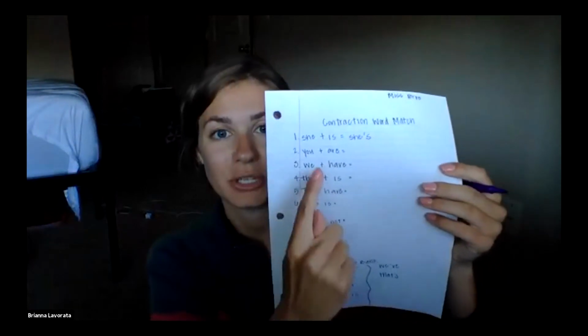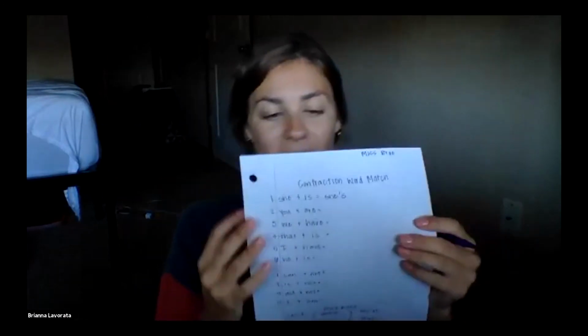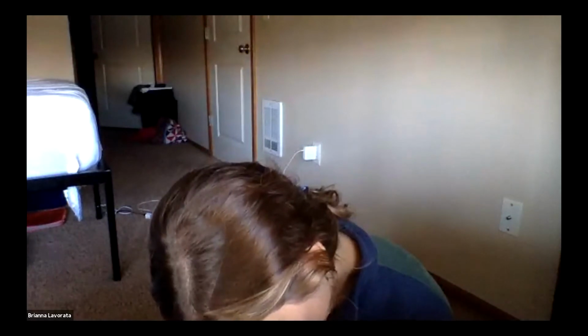All right, number 2. You plus are equals you're, okay? We are going to first write our first word right here, you. Remember, we are going to contract our second word. So we're going to show that we are removing some letters by adding an apostrophe. That's what an apostrophe is used for. You're.